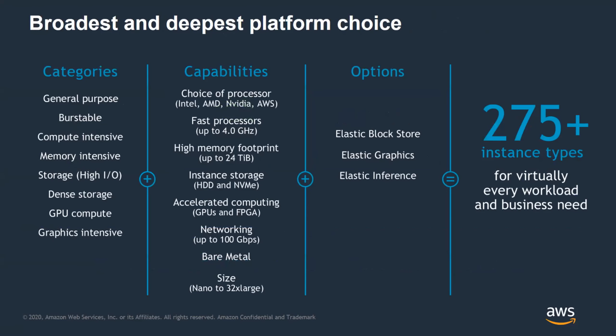In terms of instances, we now have about 275 different instances. And the interesting thing about this idea is that applications are all different, right? Some are memory bound, need high memory but low compute. Some are compute bound, right? Need high core counts but don't really use a lot of memory because they're whatever, web servers.